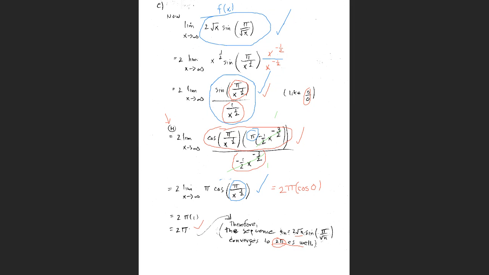The book is a little more formal in terms of certain theorems. This is actually a theorem that we apply: if the limit of the function approaches a limit, then the sequence will approach that same limit. That's theorem 2 in the textbook. The book can be a little formal with theorems.